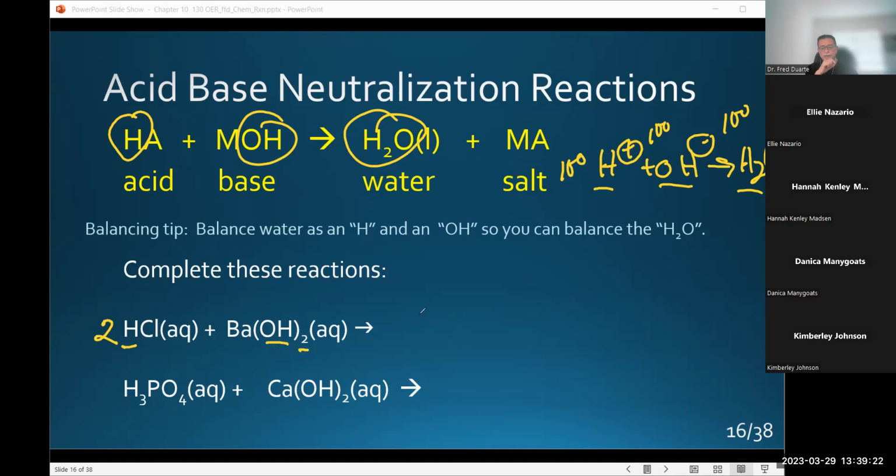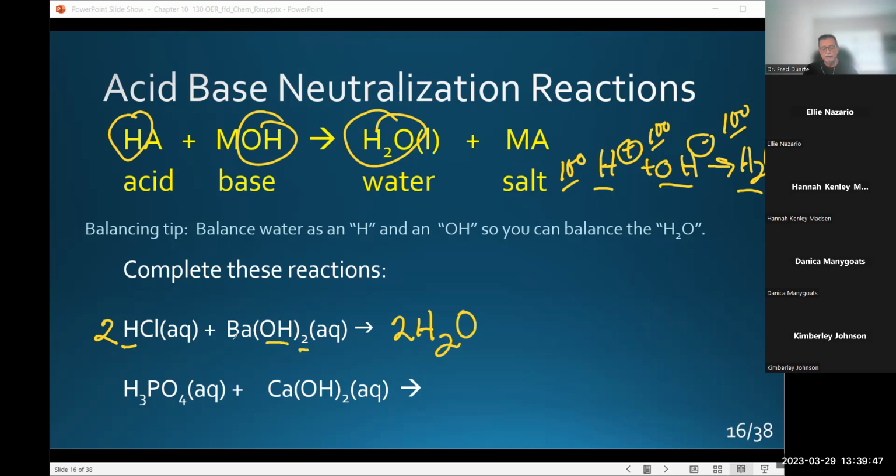And in doing so, I'm going to create two waters, just like I stated here. I said 100 and 100 will give me 100 waters. Okay. So I got the waters and the acid, the proton, and the hydroxide taken care of.